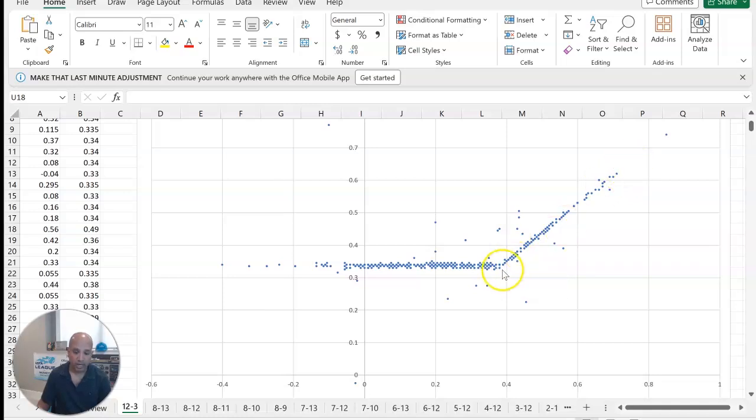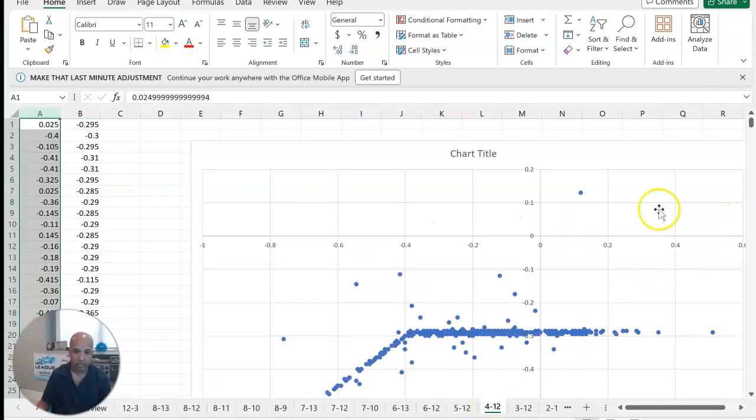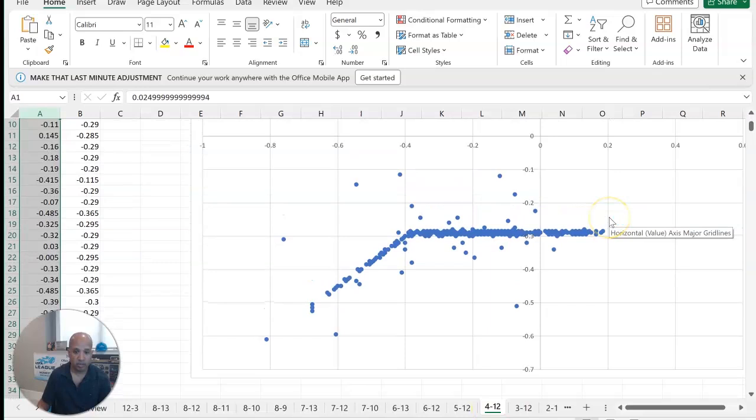So anyway, it ends up being like a piecewise function, like two functions that are joined together at this intersection. So I just wanted to show you that graph as a result of the scraping I did of all the matches with a 12-3 score. And I've got other graphs here for other scores. For example, if it was 4-12, so one player won only 4 games, the other player won 12 games.